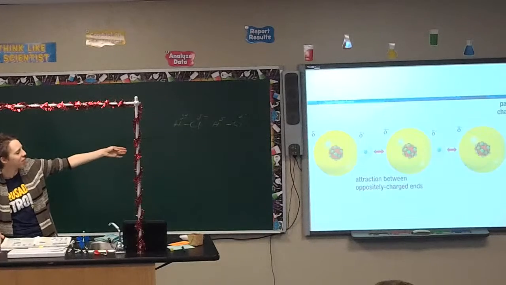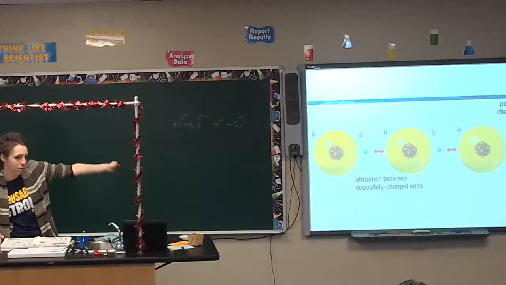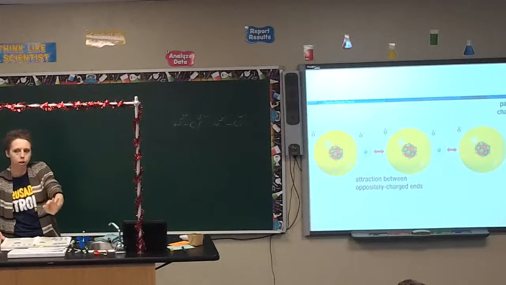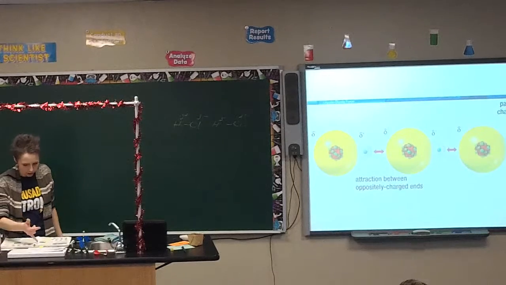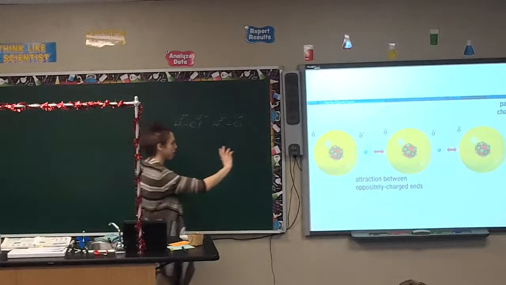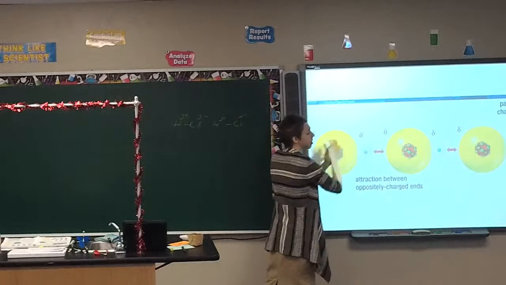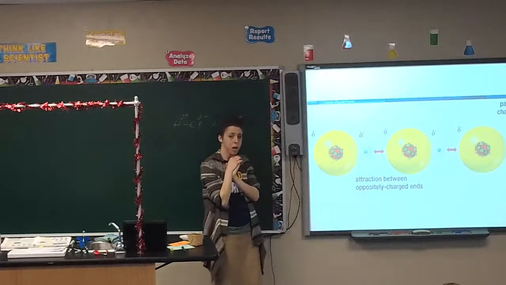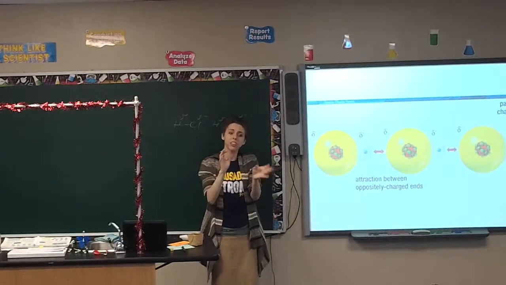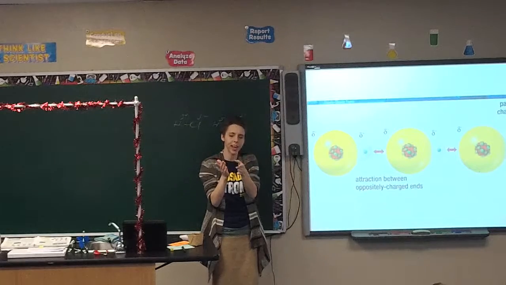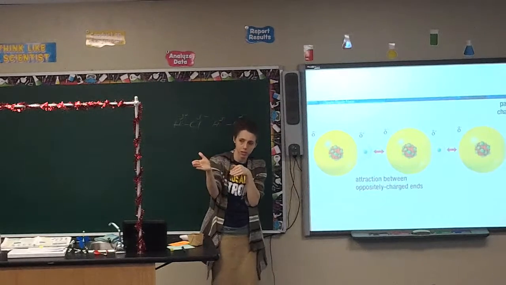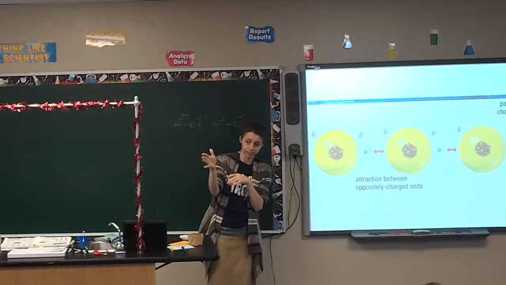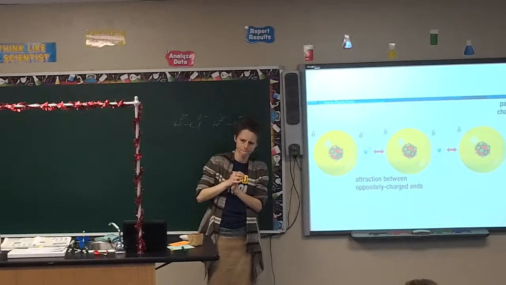Okay, so anyone have any questions about the dipole forces? They only exist between polar molecules. Now make a note that even though these are charges holding the molecules together, this sounds very close to a type of bond. What type of chemical bond has the different charges, the cations and the anions, being attracted together? Quentin. Ionic.